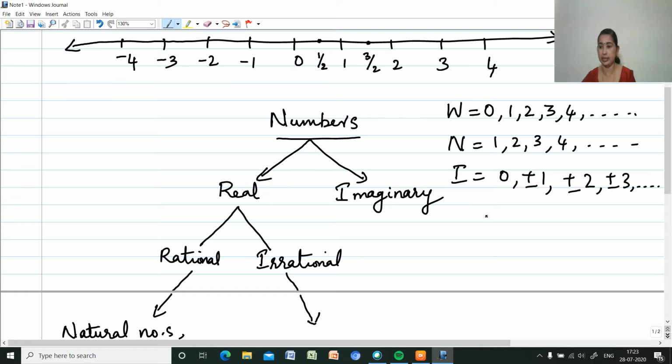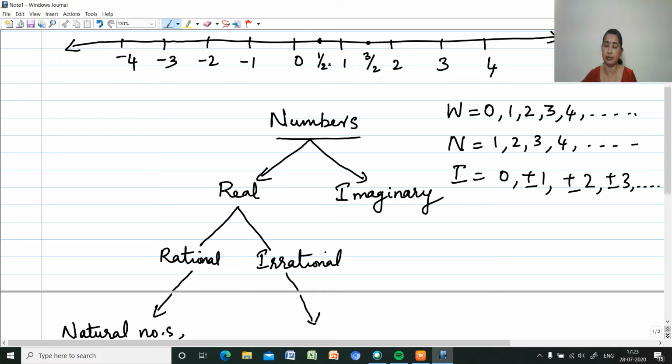These are called integers. And in between 0 and 1 we can find so many values, like 1 and a half, that is 0.5. Then between 1 and 2 we find 3 by 2, that is 1.5.